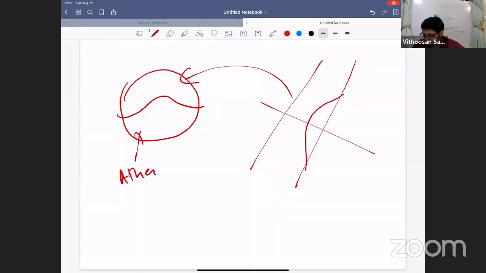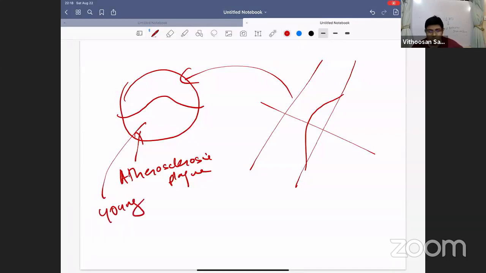This is the atherosclerosis plaque. In stable angina, I told you this plaque is there for a long time. But if you look at this plaque, this is a young plaque.